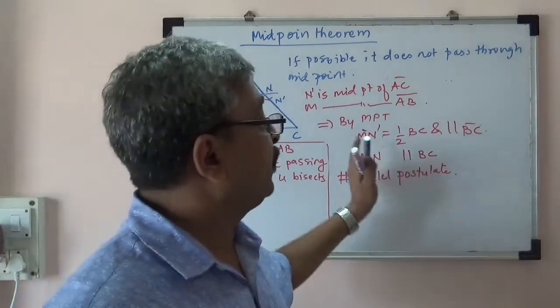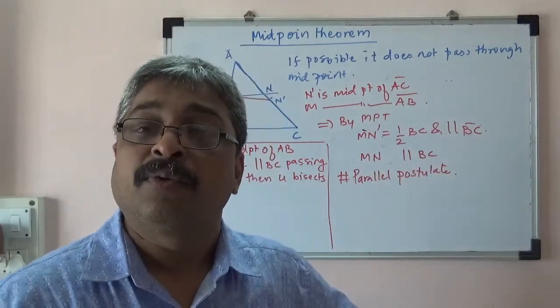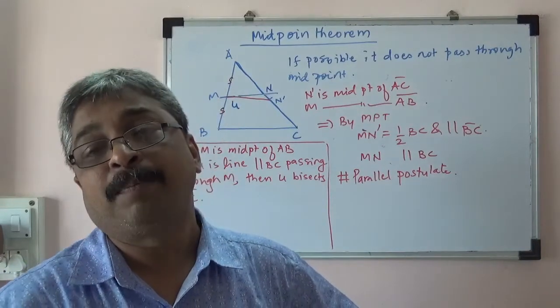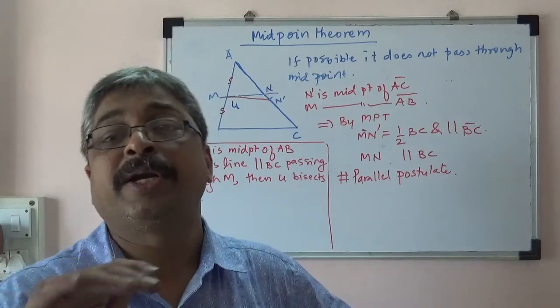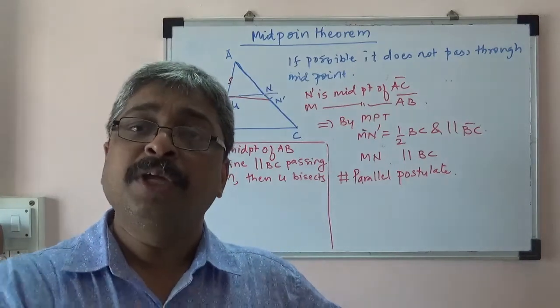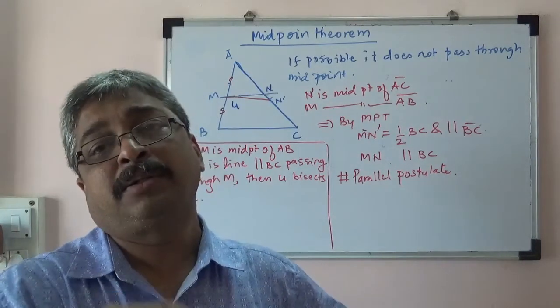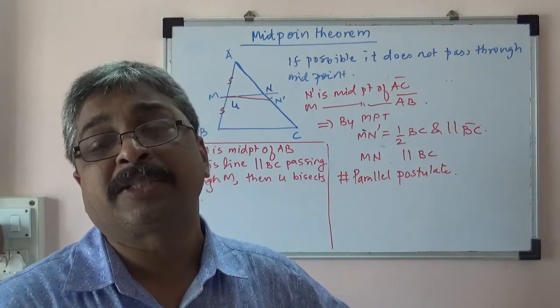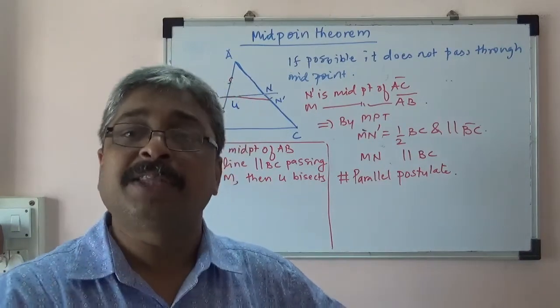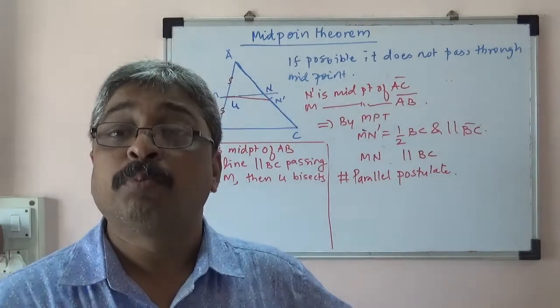The third part we have done here, and the first two parts really require axiomatic treatment which we have not included in this particular course. But you need to know that if somebody asks what is the guarantee that line U will intersect AC, then there is a method by which we can prove it.